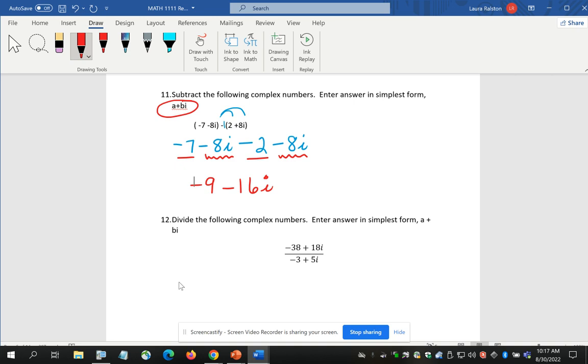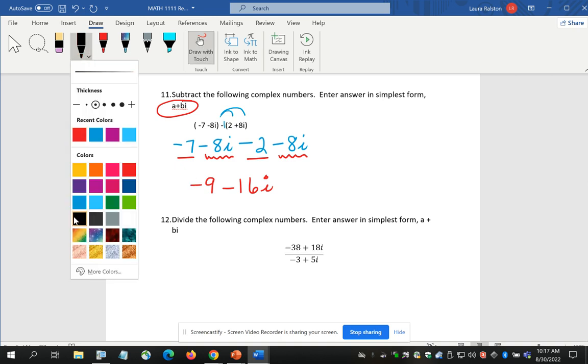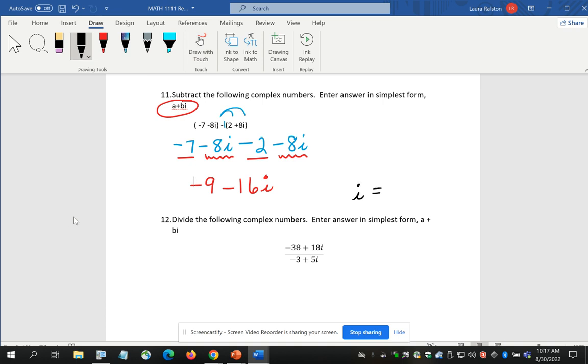It may help you to remember, especially as we move to the next question, that i is defined as the square root of negative 1. And I mentioned to you earlier that you cannot have a radical in the denominator of a fraction, which also means you cannot have an i, or the imaginary unit, in the denominator of the fraction.